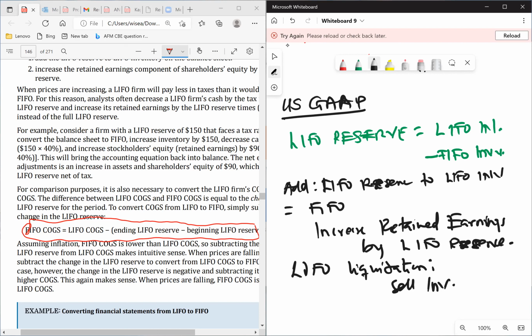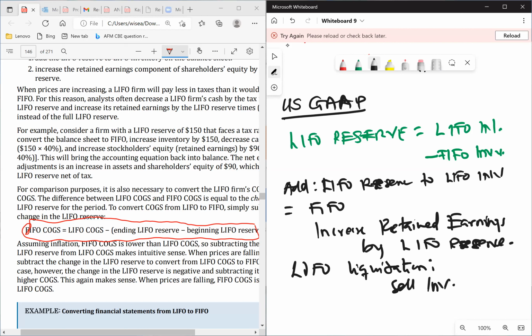So let me take it again. LIFO liquidation happens when a company is selling its inventory that used to be valued at LIFO. So the company is not increasing their inventory, but they are rather selling the inventory they had. And when you are selling, your cost of goods sold is supposed to be reported in the financials. The cost of goods sold will be lower because the inventory would have been valued at what? The earliest price.